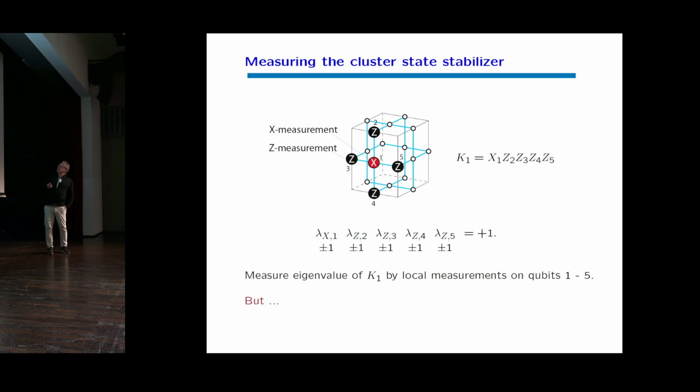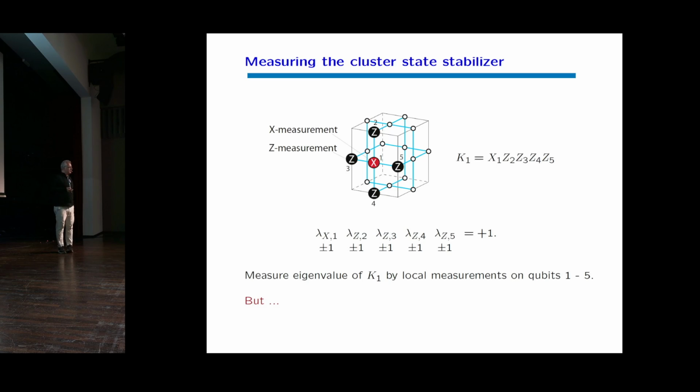Unfortunately, this is all done by local measurements, so we have to measure locally. Still not a problem. We measure this one locally, measure these Z's locally, and then post-process, multiply the measurement outcomes, and we are supposed to get +1. Every measurement outcome would be individually random, but you expect this correlation.